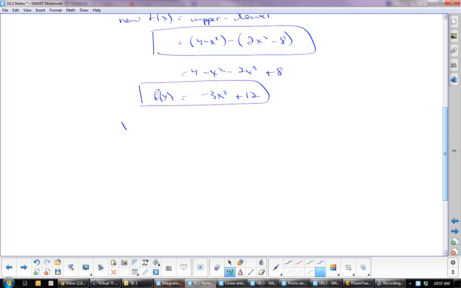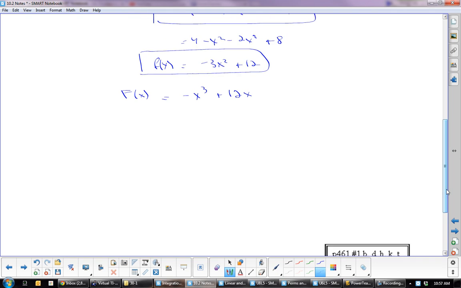So let's do F of x would be negative 3x cubed divided by 3, but that goes away, plus 12x. So this one is a huge time saving, as long as they are on top of each other.